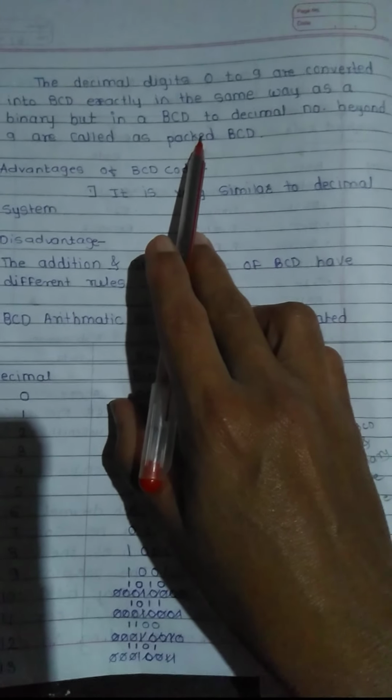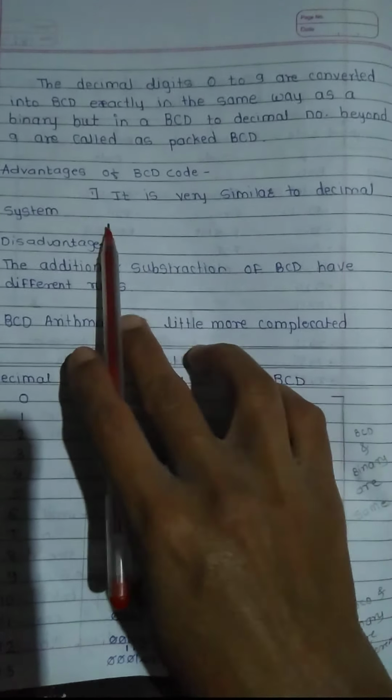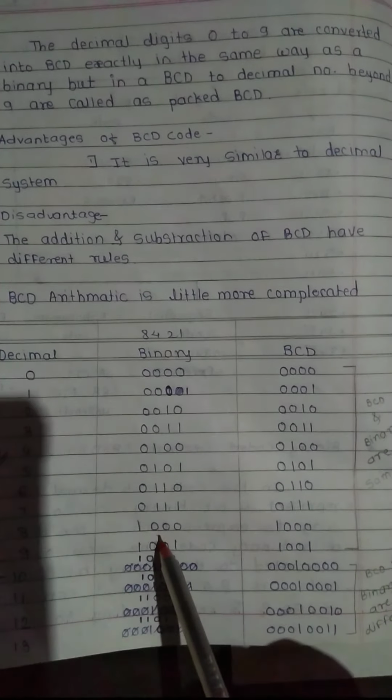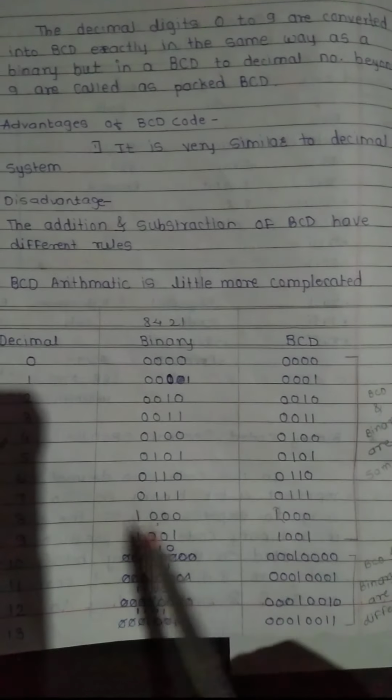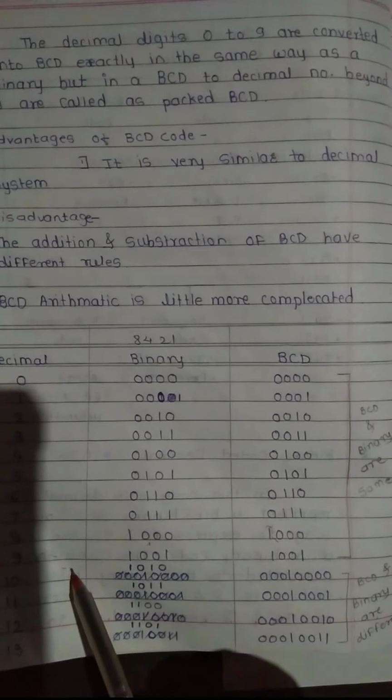This is the BCD code, and the advantage is that it is very similar to the decimal system. The disadvantage is that addition and subtraction of BCD have a different rule, which I have discussed. Binary and BCD are the same for 0 to 9, but the decimal number 10 is represented in binary as 1010, while in BCD it is represented as packed BCD, 00010000.